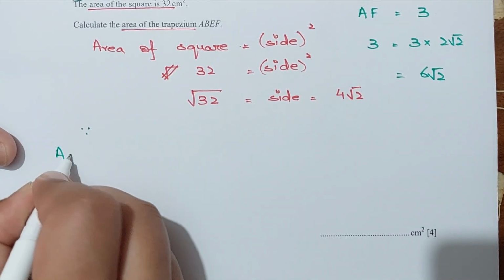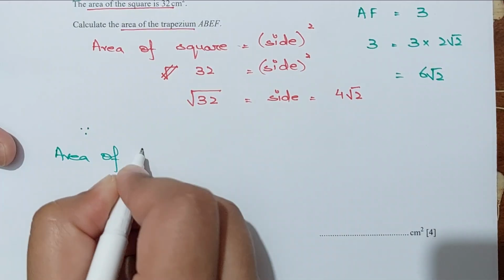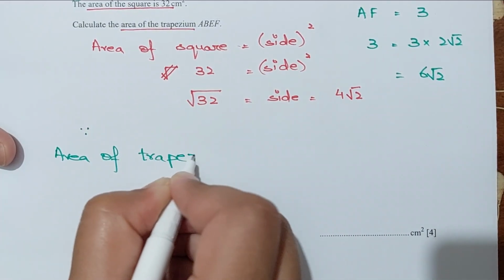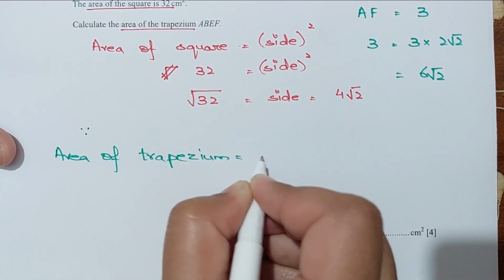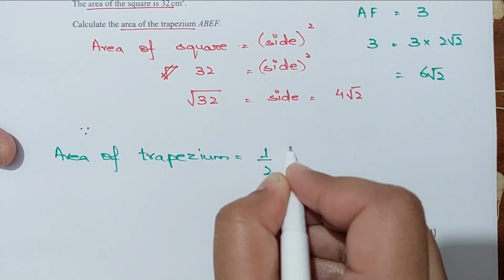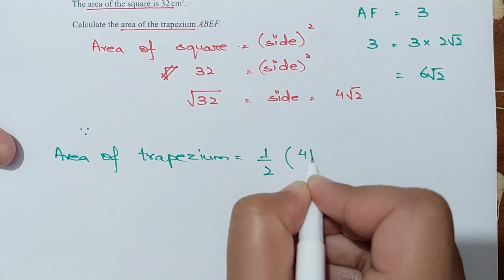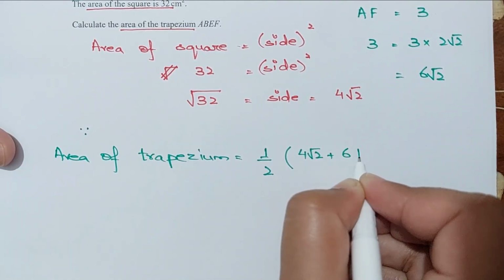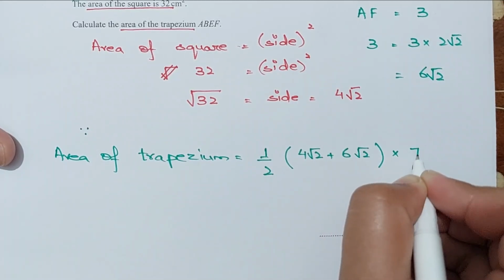So the area of the trapezium is half the sum of parallel sides. The parallel sides are 4 root 2 plus 6 root 2, multiplied by the height, which is 7.